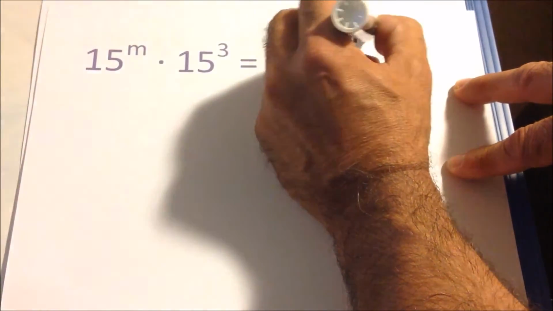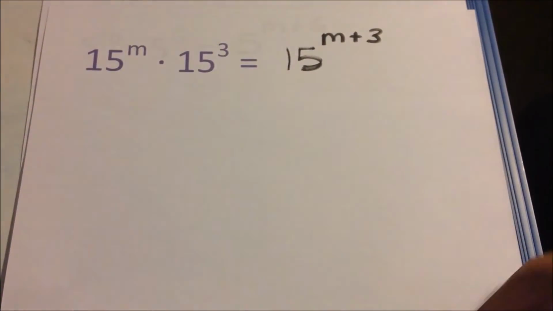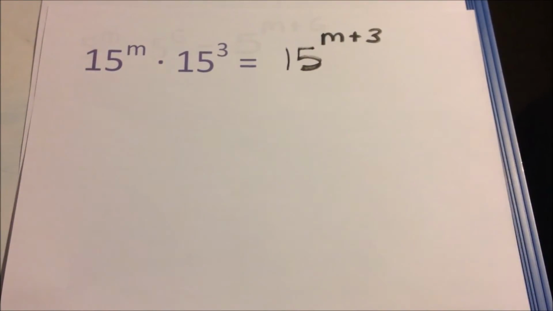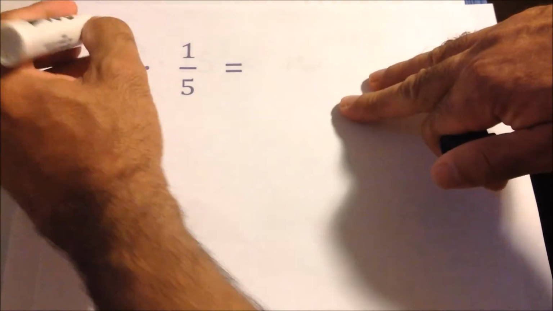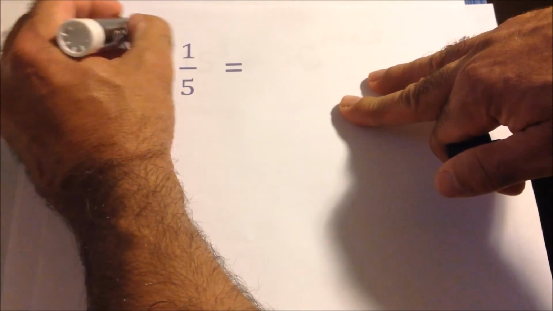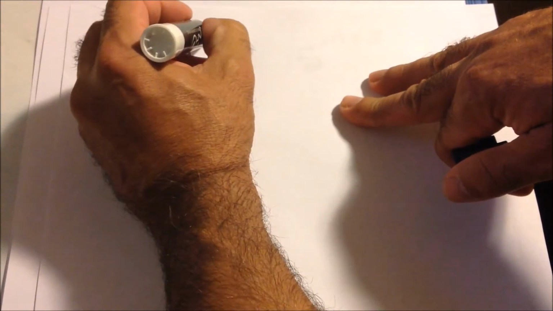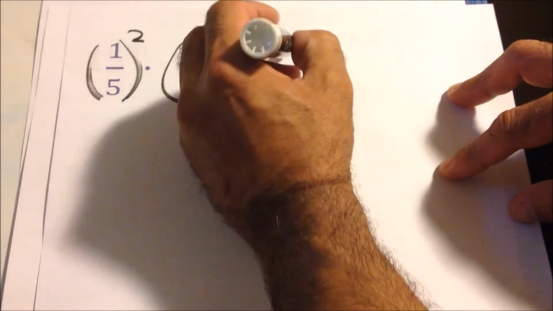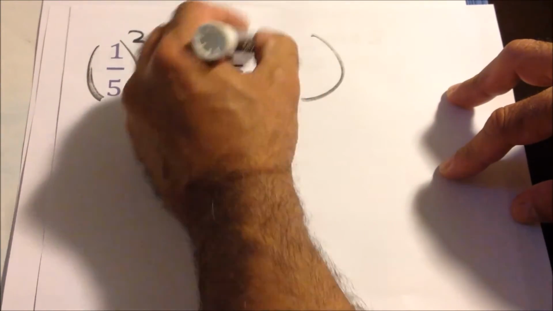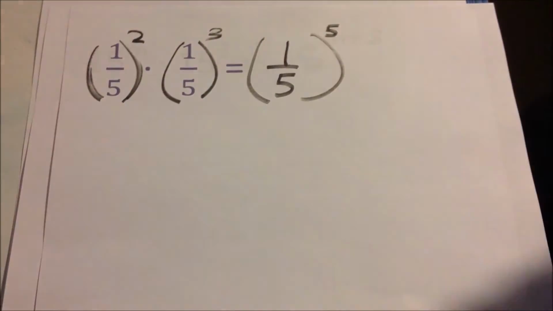M plus 3. Or you can say 3 plus m. What if we had a fraction now? What if I took a fraction, and we put parentheses, and we made that a 2, and we made that a 3. Same base, 1/5. Add the exponents. Same thing.